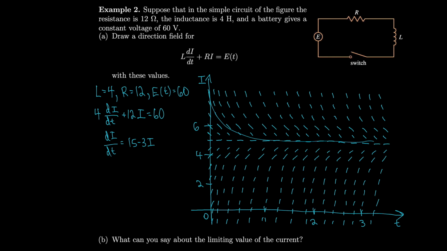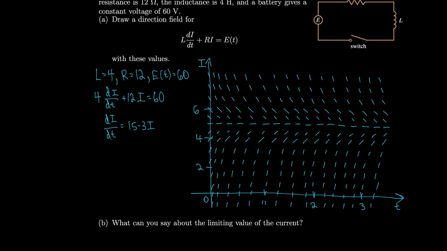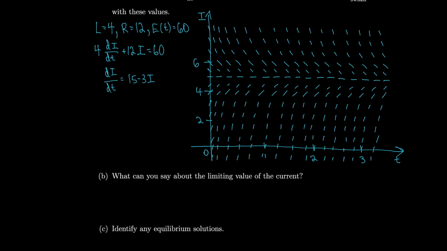They all end up corralled at this limiting value of 5. So it looks like all the solution curves approach 5 amps. We could say the limit as t goes to infinity of any solution curve i(t) should equal 5.